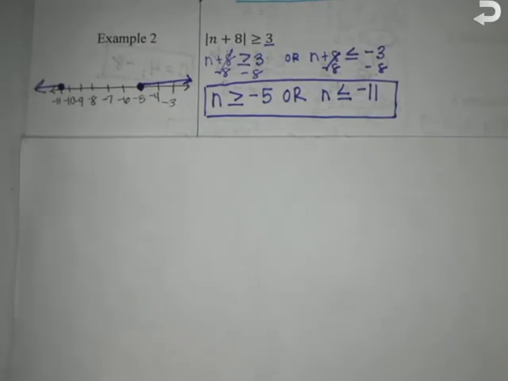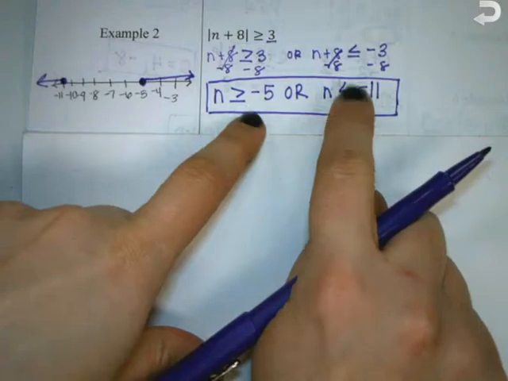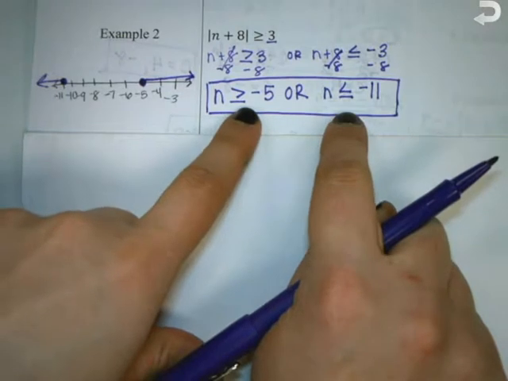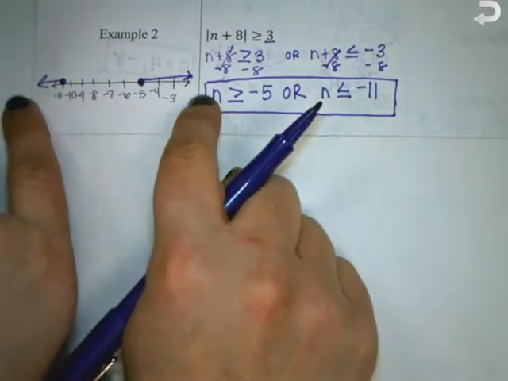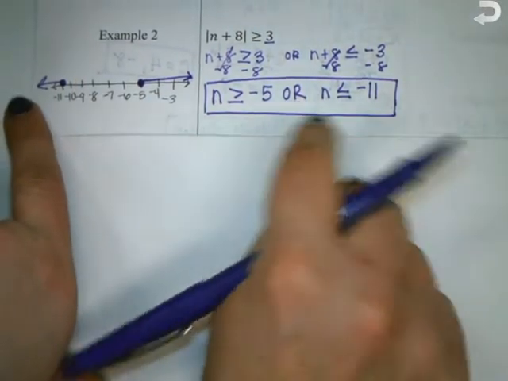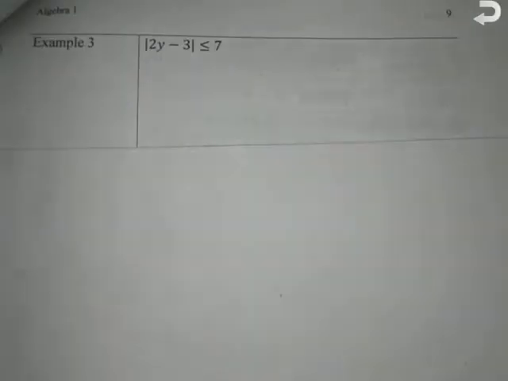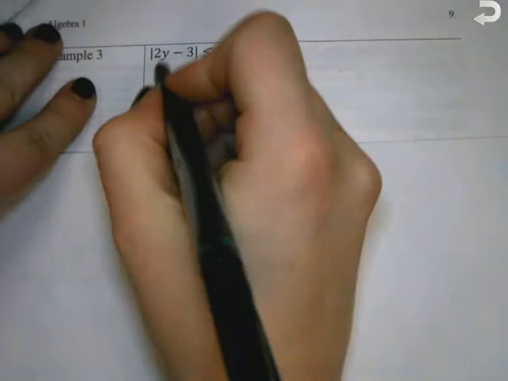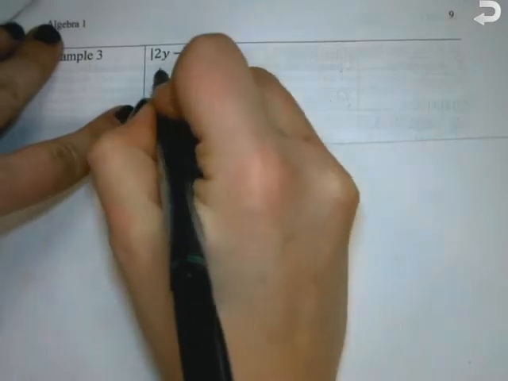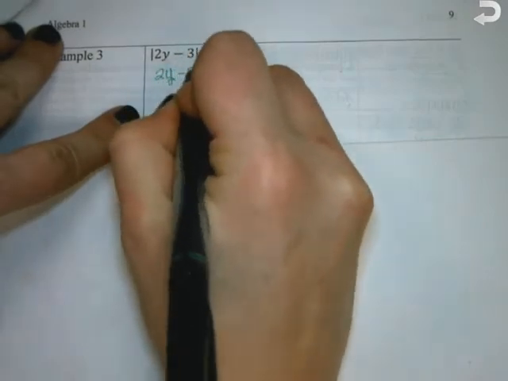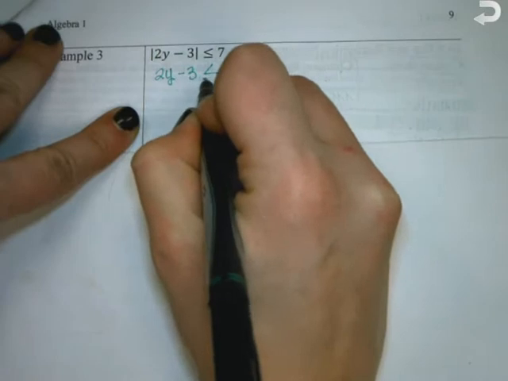Is absolute value by itself? Yes, it is. So we can take the bars down and just put 2y minus 3 less than or equal to 7 and, or rather, "and." Then 2y minus 3, I have to flip it, so greater than or equal to negative 7.